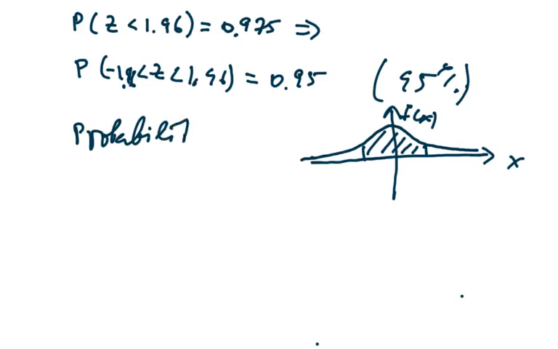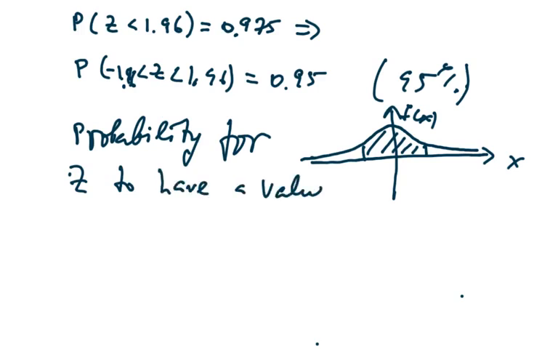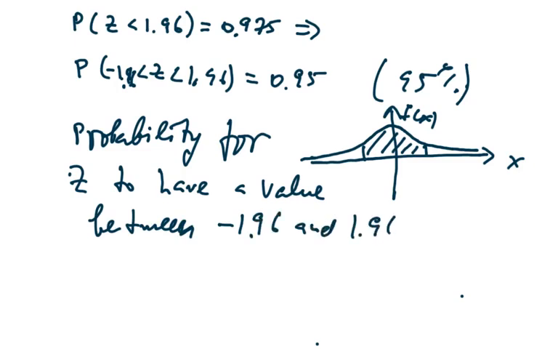It will be close to the mean value, plus minus 1.96. The probability for Z to have a value between minus 1.96 and 1.96 is 0.95. So this 0.95, you probably remember it from the way we tested hypotheses using the chi-square test.